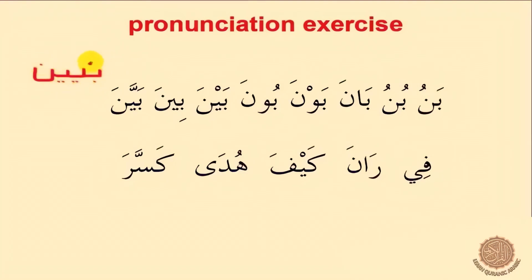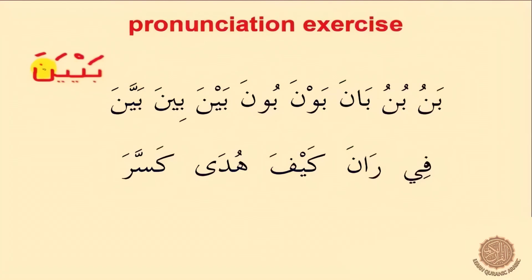So, bay, ya, na. So with the shaddah, there's a double letter. The first letter has a sukoon, and the second has the haraka that it has, which is here the fatha. So, bayyana.